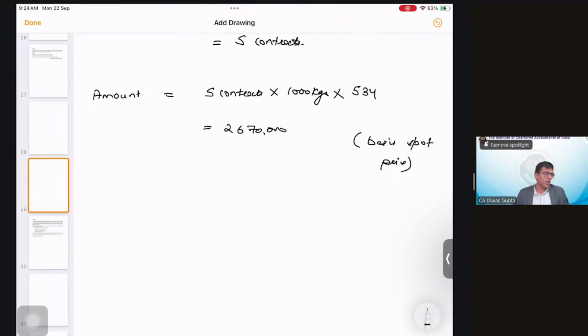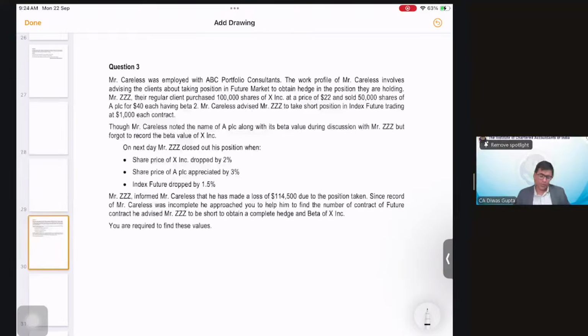Now let's come to the third question. This is a good one. Mr. Careless was employed with ABC Portfolio Consultants. The work profile of Mr. Careless involves advising the clients about taking position in futures market. That's what we are also doing, right?